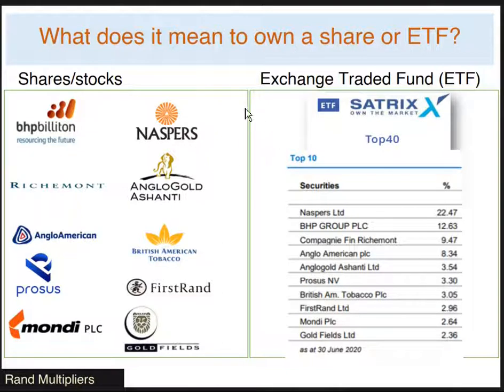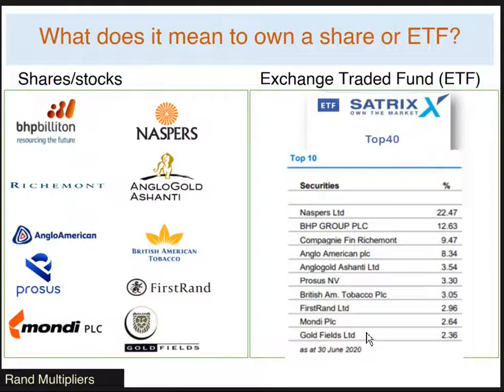Now we can also look at the Satrix Top 40. The Satrix Top 40 is an exchange traded fund, an ETF, right? Inside this top 40 unit or basket, there are different companies, and these top companies constitute about 65% of the top 40.